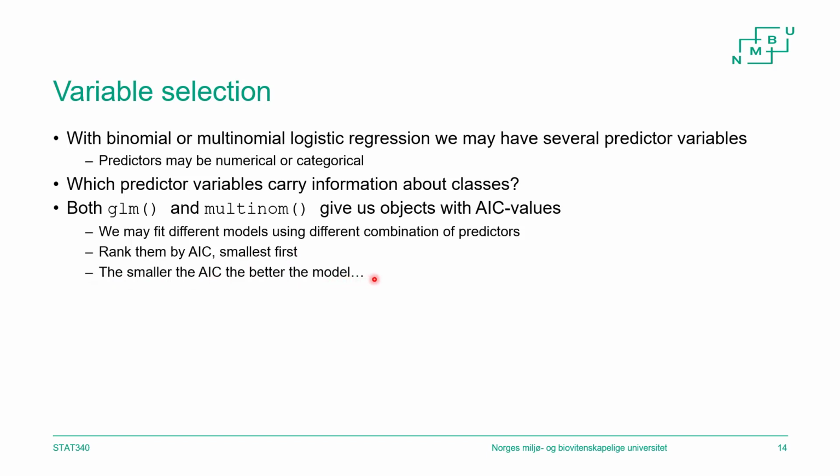We have talked about the AIC criterion before, and it should be as small as possible. It balances underfitting versus overfitting, right?